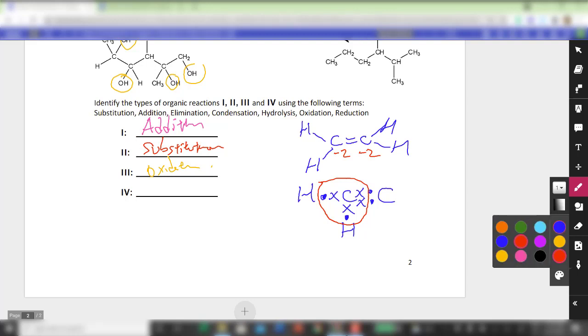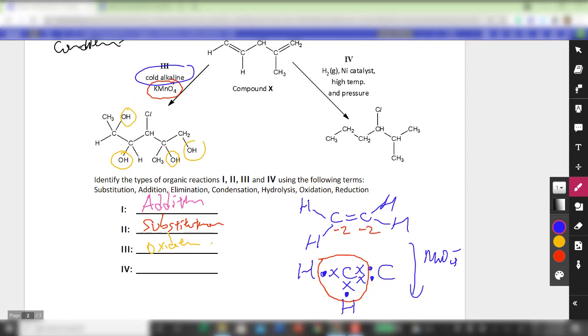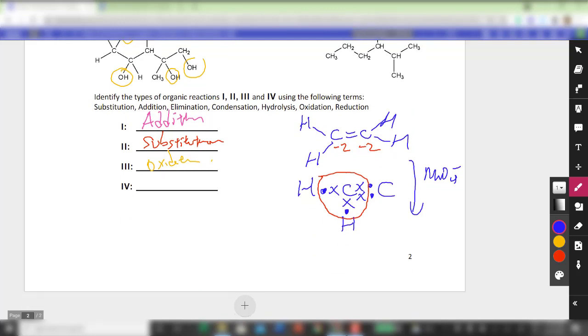Okay, then if you subject this to a reaction with MnO4 minus under the same cold alkaline condition, I end up with a diol, right? So let me just sketch out very quickly the dot and cross diagram. You end up with something like this. So you have an O here and so on. I'm not going to sketch the rest.